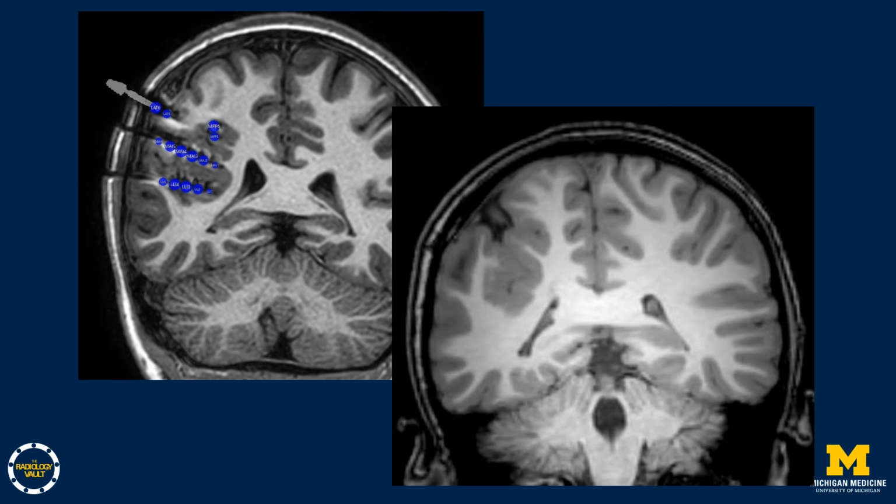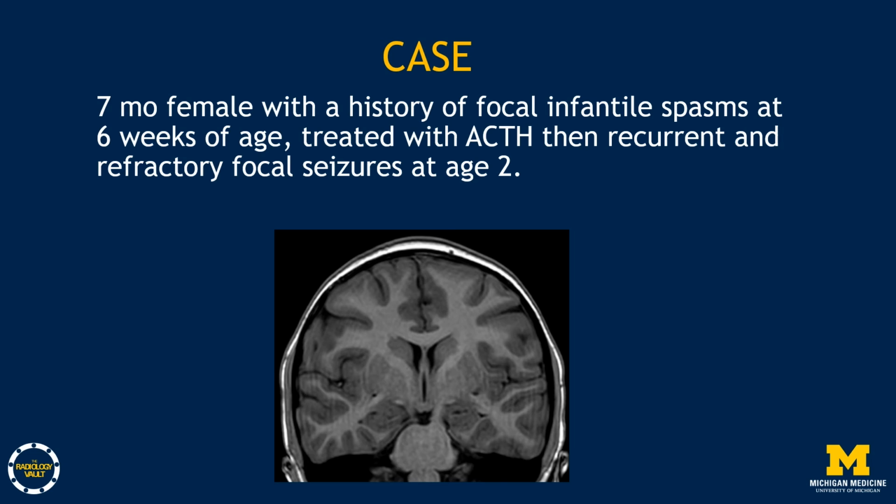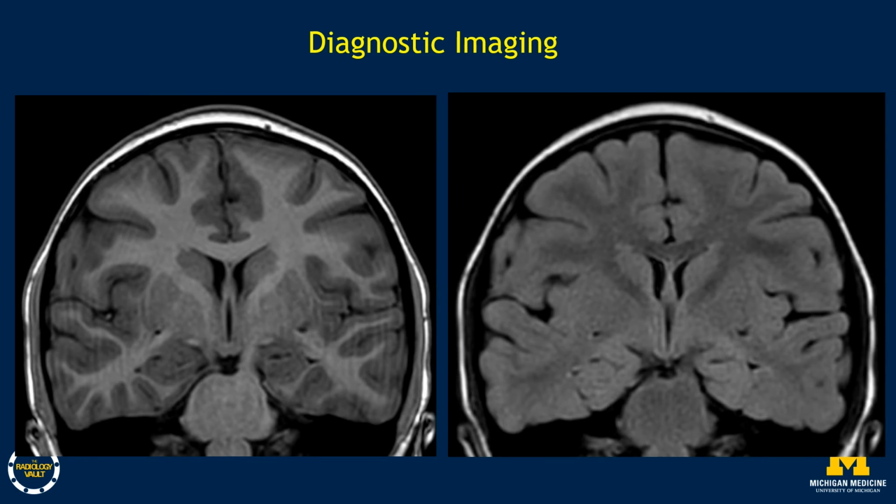Let me share another patient's imaging story. This is a case of a 7-month-old with history of focal infantile spasms at 6 weeks of age, treated medically, who then developed refractory epilepsy at age 2. This patient had left temporal epilepsy by semiology and EEG. The diagnostic imaging was very subtle, but showed findings in the left temporal lobe.